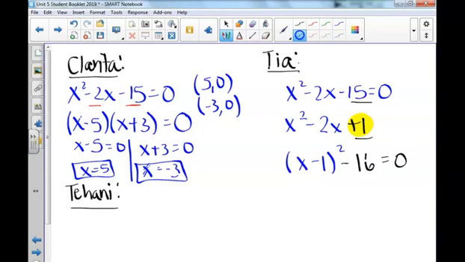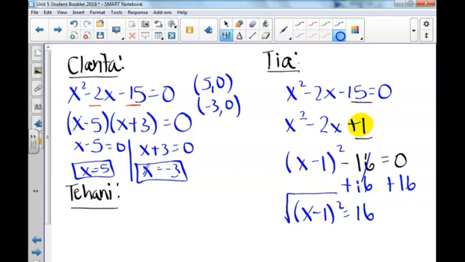Now, Tia's strategy is to solve. That means we need to get x by itself. In order to solve, we'll add 16 to both sides. We'll get the quantity x minus 1 squared equals positive 16. To cancel out a square, we will need to take the square root of both sides. We'll be left with just x minus 1 on the left, and whenever we take the square root of both sides, we have two answers, plus and minus.